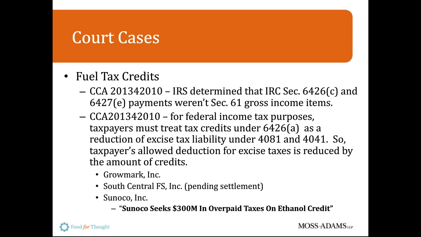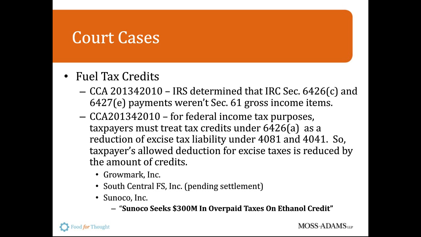So all of these credits are encompassed into this 6426 code section, and it's a difficult read, but basically 6426 credits are first required to reduce your regular fuel excise taxes under 4081 or 4041, and then to the extent that there's anything left, you can request refunds under 6427.